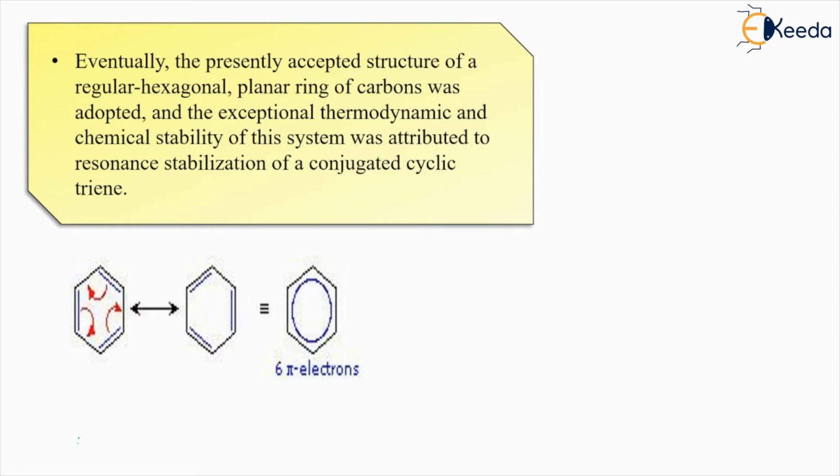It's a benzene ring with alternating pi bonds. These alternating pi bonds keep on moving from the place where they are to the place beside it. And that is the reason why we draw a benzene ring with a circle in the middle, stating that the pi bonds are moving. 3 pi bonds, 6 pi electrons.